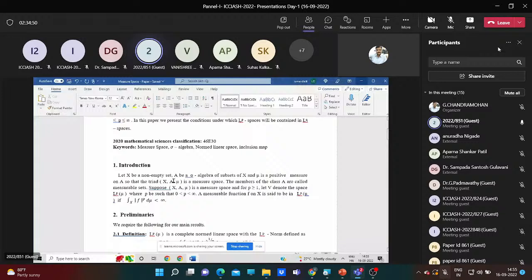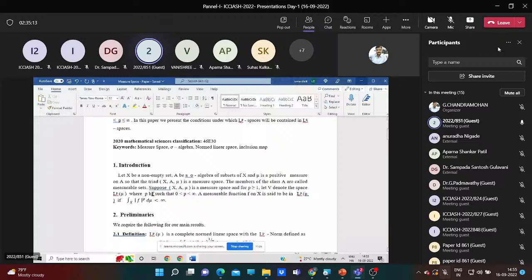Now supposing this is a measure space and V denotes the space LP mu, where P is finite. P less than infinity means we are just taking it as finite, not some infinite number. Then a measurable function f on X is said to be in LP mu if this holds, which is a definition from the textbook.